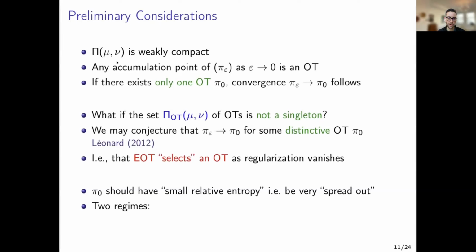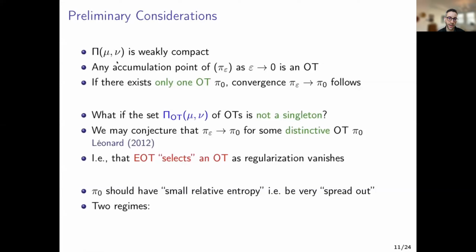That's for free, and almost for free, from Portmanteau's theorem, if you have a limit point of some subsequence, then necessarily that is a solution of the unregularized optimal transport problem. So that's also for free. Then in particular, if you know from somewhere that your optimal transport problem has uniqueness, has only one solution, it immediately follows that all these accumulation points have to coincide. And in fact, pi epsilon would converge to that unique optimal transport.